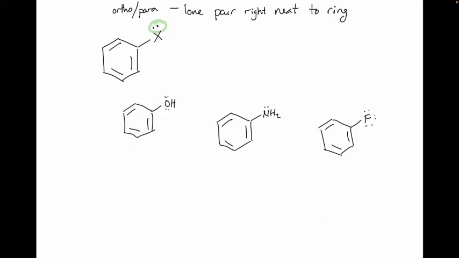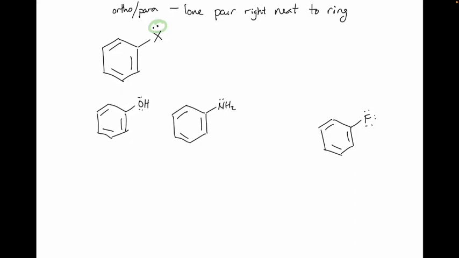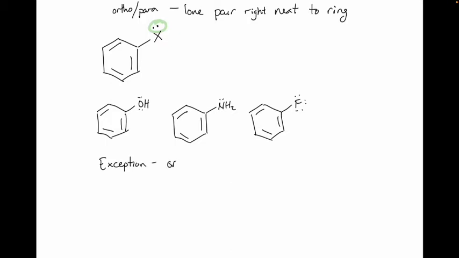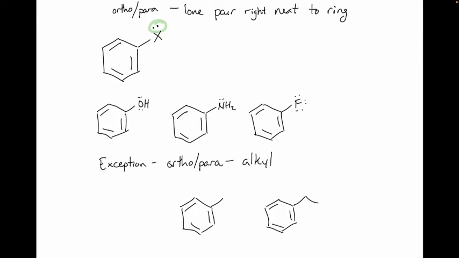There's one exception to this that we want to make note of, and those are what are called alkyl groups, basically carbons that aren't anything special. So the exception, which are also ortho-para, are alkyl groups. For example, a methyl group, or an ethyl group, etc. Some amount of carbons and hydrogens.